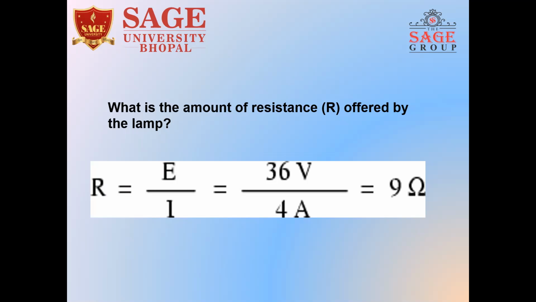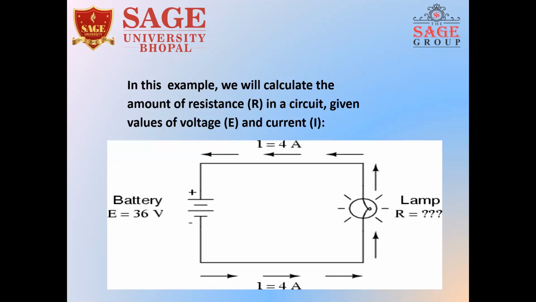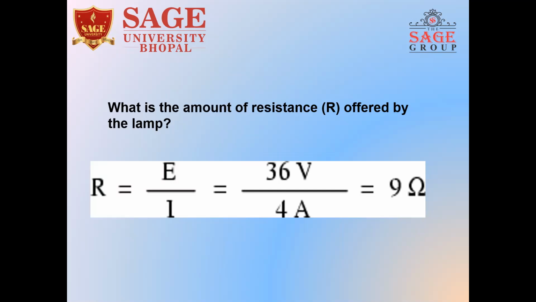So here we find the unknown value of resistance easily with the help of the Ohm's law expression, R equals V by I. So here we got the resistance value equal to 9 ohm.